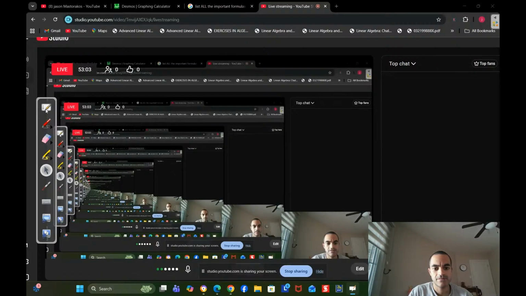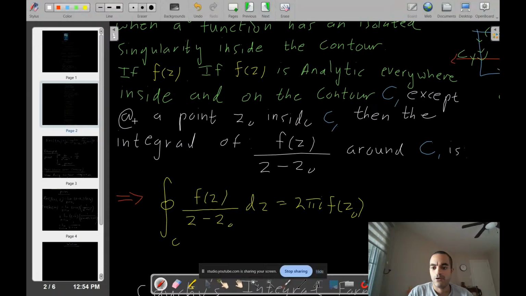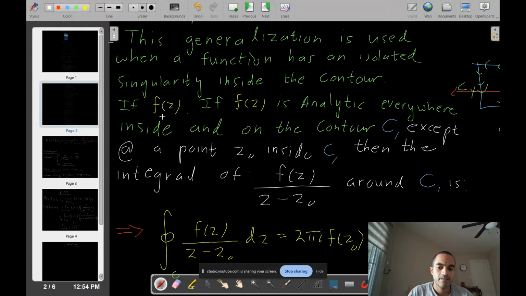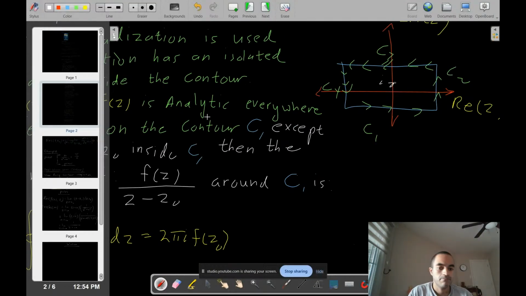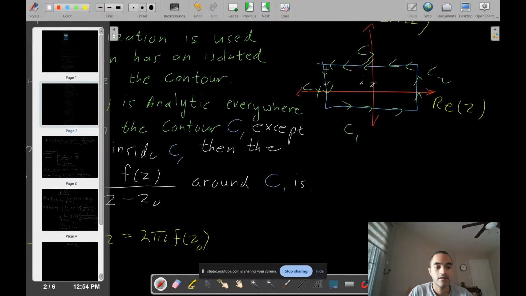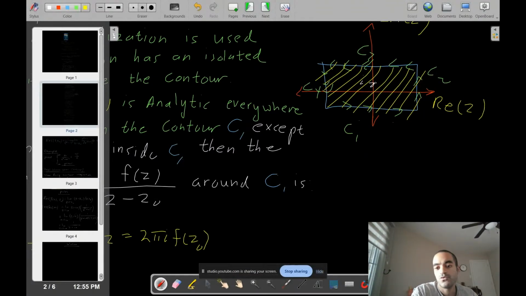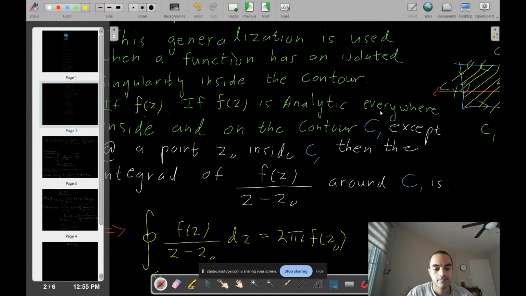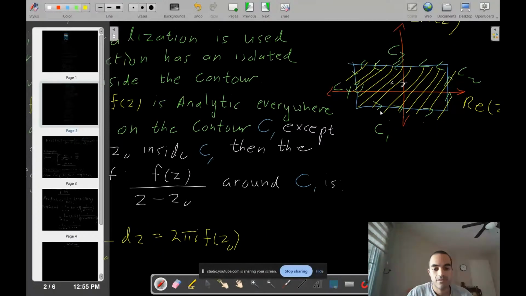Okay, so nothing yet. Right, so again, I'll repeat. If f of z is analytic everywhere inside and on the contour, so inside and on, that makes you understand the sense, right? So that means anywhere in here. I'll shade it in. You're inside or on the contour, which is that blue rectangle, on the contour C, except at the point z0.